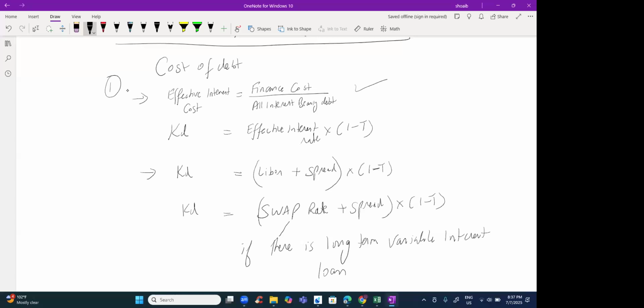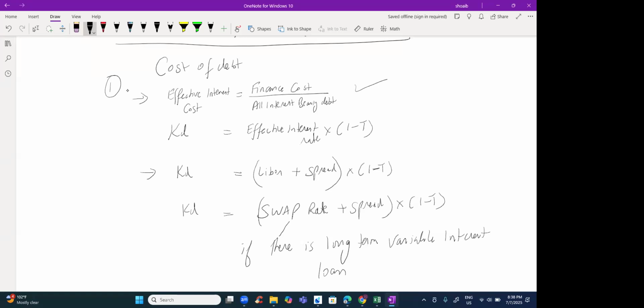It is variable. I will take the LIBOR, KIBOR, SIBOR, Euribor. In Pakistan, it is KIBOR. In Saudi Arabia, it is SIBOR. In America, it is SOFR. In Europe, it is Euribor. That will change every quarter or every semi-annual or 6-month period.